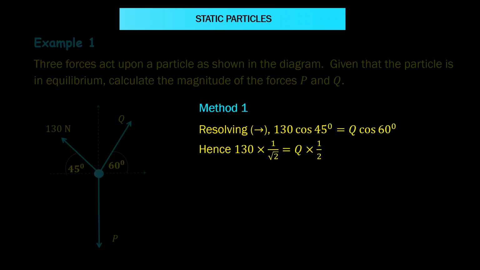And plugging in the values for cos 45 and cos 60 gives us 130 times 1 over root 2 equals Q times 1 over 2. And therefore Q equals 130 root 2.